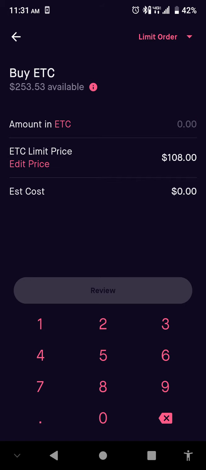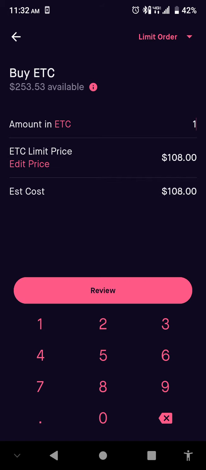It is asking you for the amount in Ethereum Classic. Basically, it wants you to put the decimals in. The second line item here shows the limit price. So it's going to buy it at 108, my estimated cost. Now the estimated cost will change with the decimal amount or the partial market order if I don't want to buy a whole one.